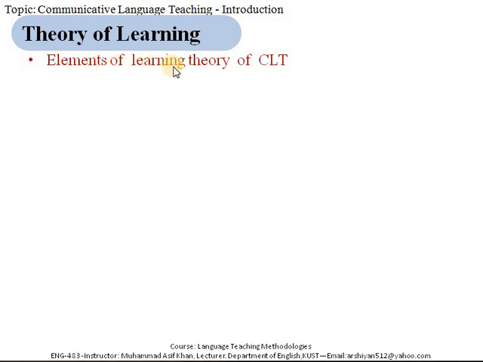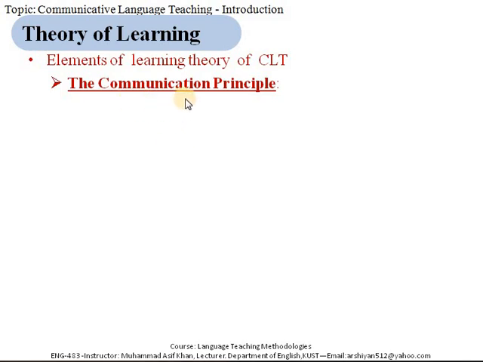Elements of underlying learning theory can be identified in some of the CLT practices. One such element might be described as the communication principle, the second element is the task principle, and the third one is the meaningfulness principle.